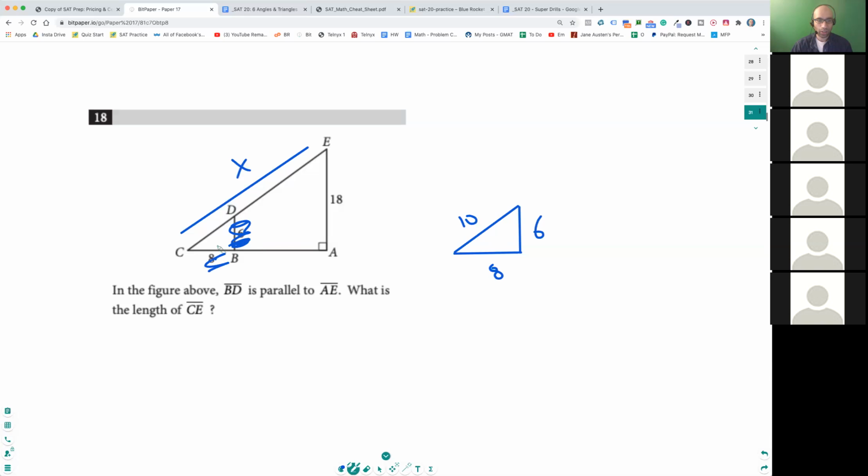This is finished. Now it's easy. X over 10 is equal to 18 over 6. So now you got 6 times 1, 3. So you got X is equal to 10 times 3, which is 30. So that gives you your complete answer.